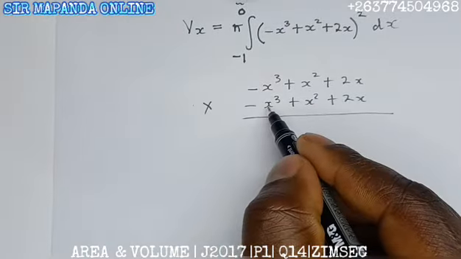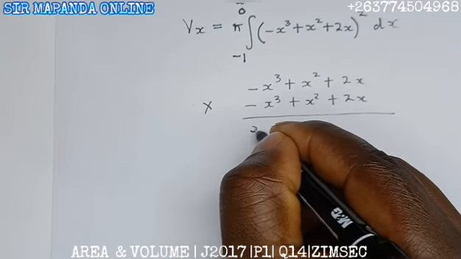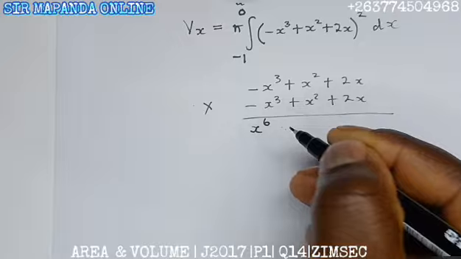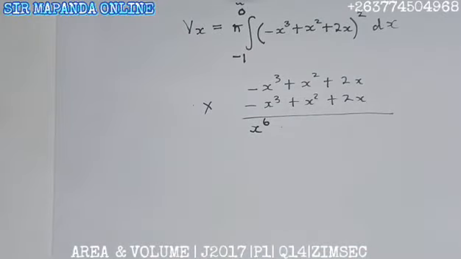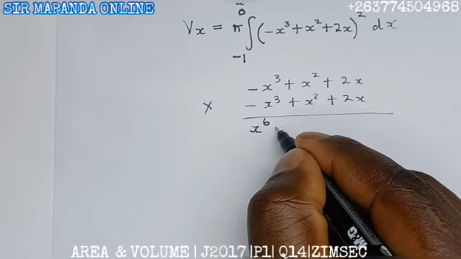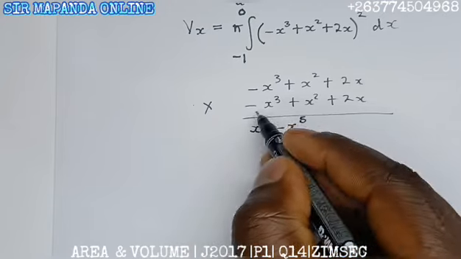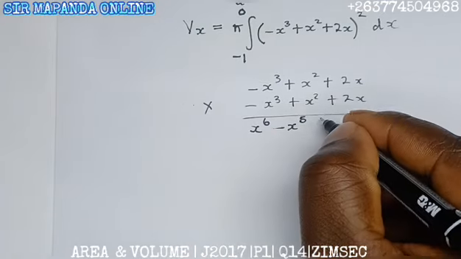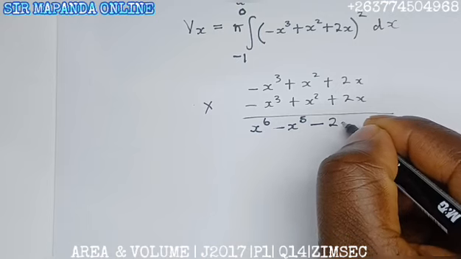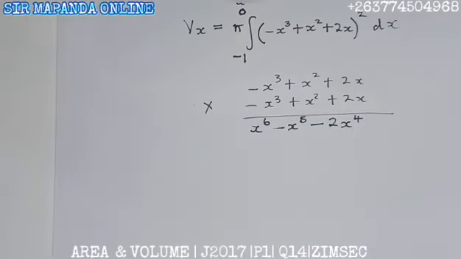So minus x cubed times x cubed, you get x to the power of 6. Remember, if you multiply numbers with the same base, you add the powers. Then minus x cubed times x squared, you get minus x to the power of 5. Minus x cubed times 2x, you get minus 2x to the power of 4.